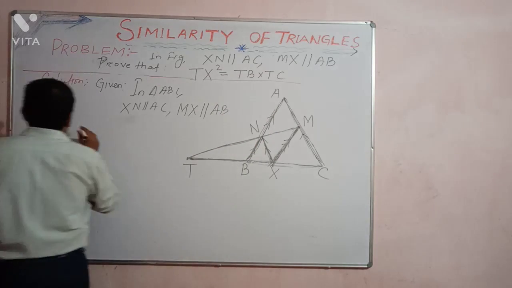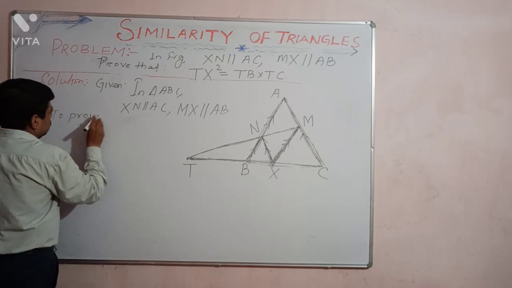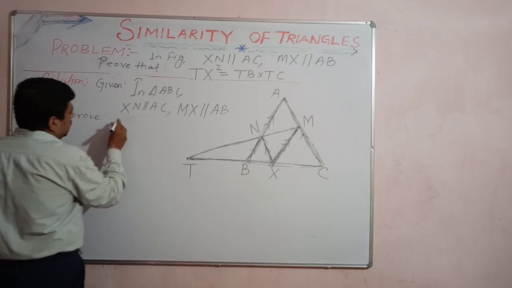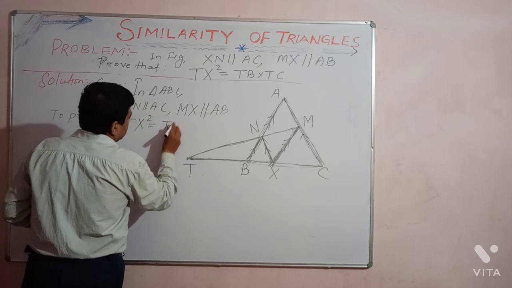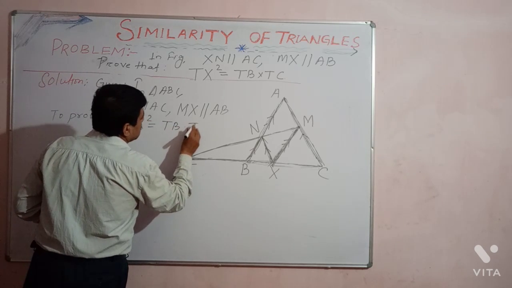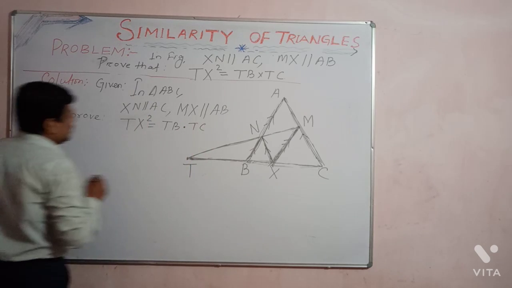To prove: TX square is equal to TB into TC. Let's prove.